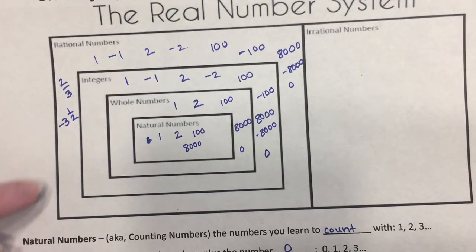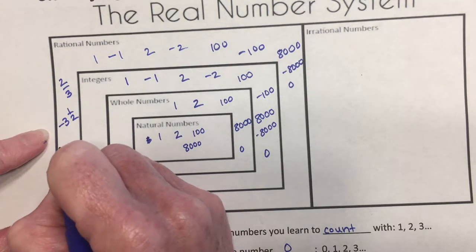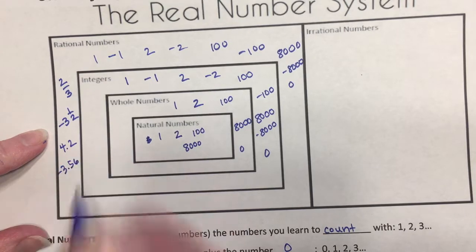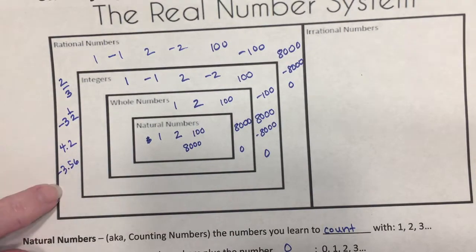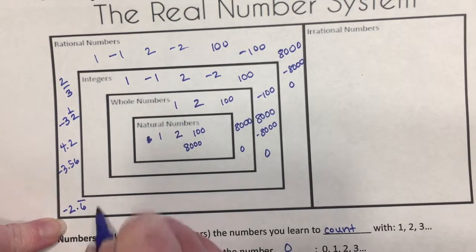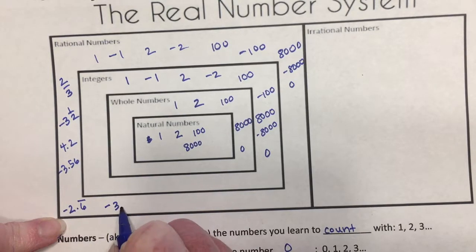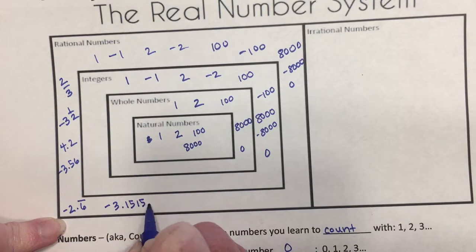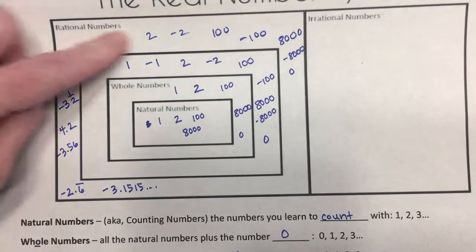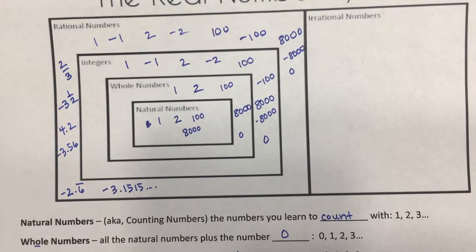You're also going to have your terminating decimals, like 4.2 and -3.56. It's also going to include your repeating decimals, like -2.6 repeating, or they may write it like this, -3.1515..., that's repeating even though it's not terminating. Those are all also rational numbers.